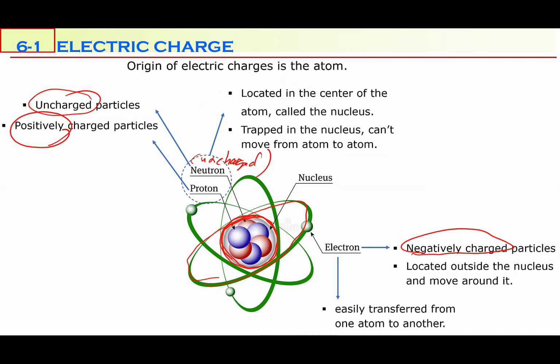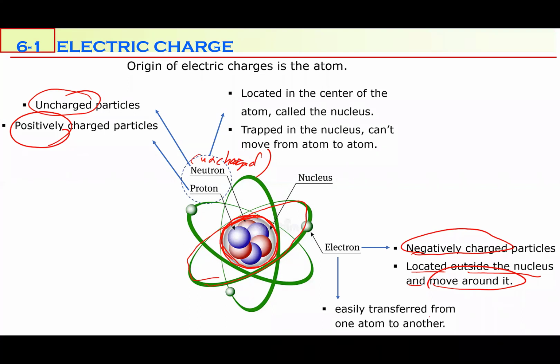These are the three basic particles inside an atom. But electrons are located outside the nucleus of an atom, and they can move around the nucleus, just like the planets revolving around the sun. That's why they can easily transfer from one atom to another. I will talk about this in detail in coming slides. Electrons are able to move from the outermost orbit of an atom to the next atom.